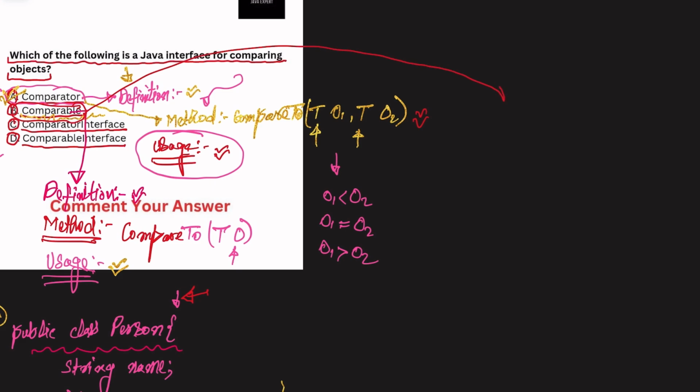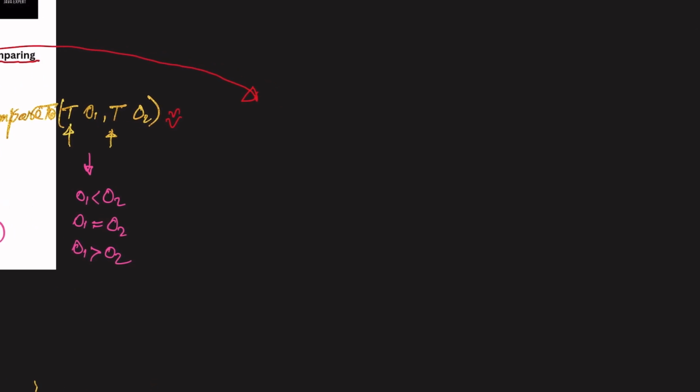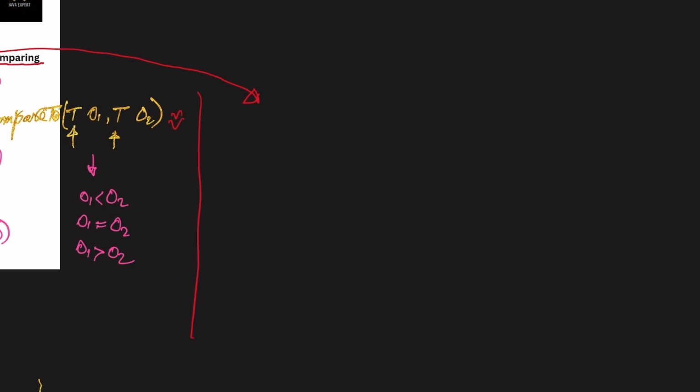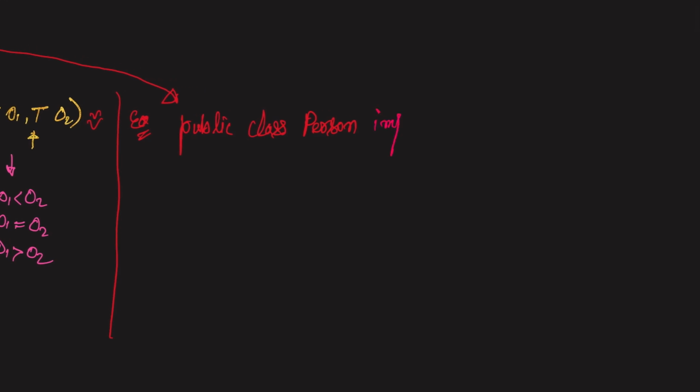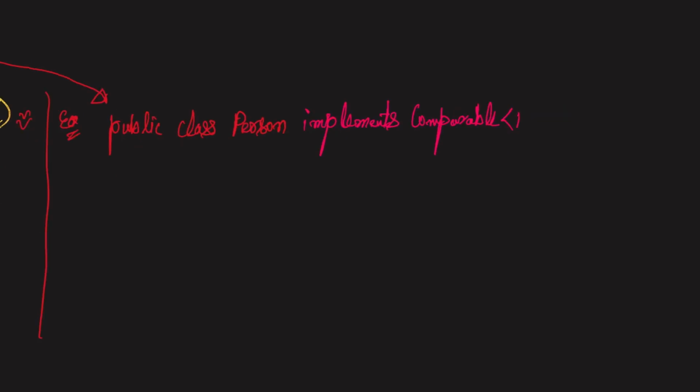Let me write the code for the comparable example. You can see, let me take public class Person implements Comparable, type is Person.